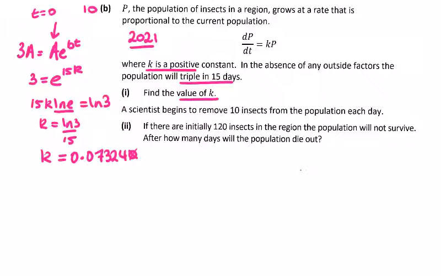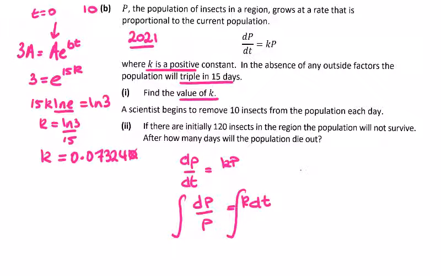Now we could also do, as we're given, dp/dt is equal to k times p. So if we want to get p, we're going to have to divide by p to get dp over p is equal to k times dt, this positive constant. So we integrate the left and the right, and the time is between 0 and 15 to get the population going from p to 3p.